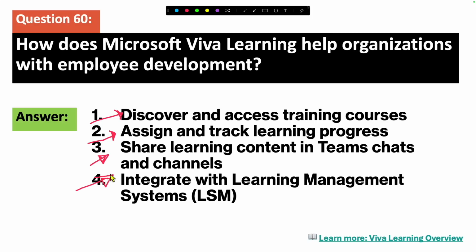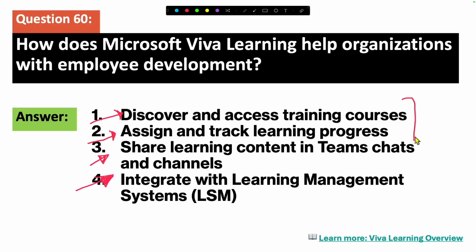Like I said, the learning system management can integrate with other platforms like Cornerstone and SAP SuccessFactors. When you integrate that, your Viva Learning module will have all the surveys and things like that. You can track the dashboard and everything in a single platform.